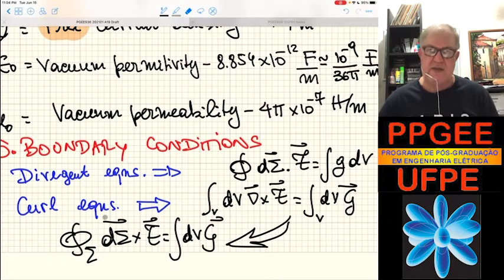So the curl equations, in essence, yield this type of relationship. We have a surface integral in a closed surface of the cross product between the sigma and F equals the volume integral of the quantity that's on the right hand side, which we call capital G vector.